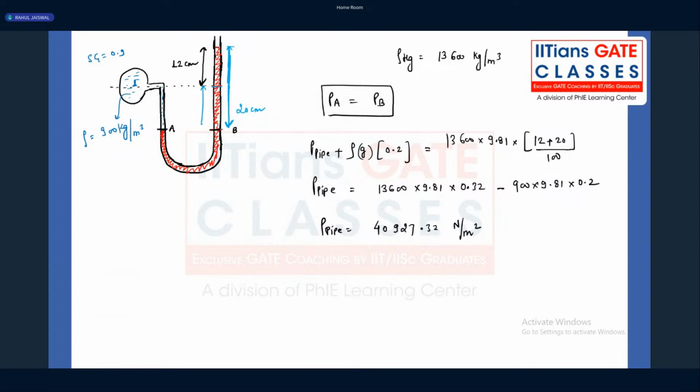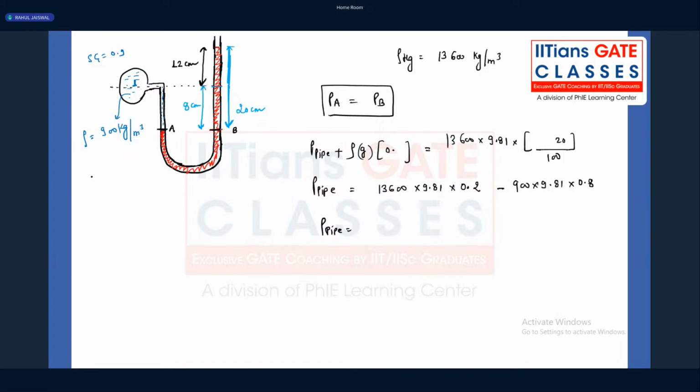Obviously this value will be 20 minus 12, that is nothing but 8 centimeter. So definitely we need to modify these values. It should be 0.2, it should be 0.8, right guys? And this value needs to be changed here.